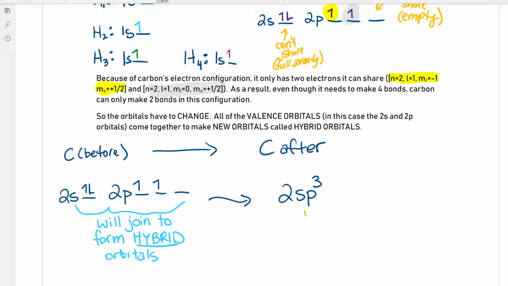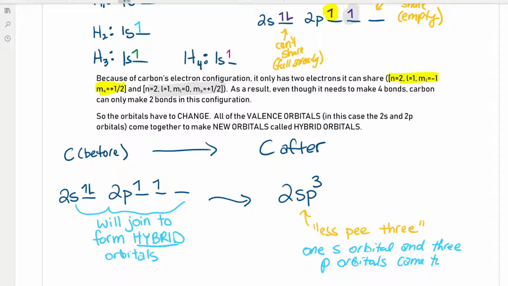And this name, sp3, means that one s orbital, I'm going to use the word 1 so we know I'm just counting, one s orbital and 3 p orbitals came together.